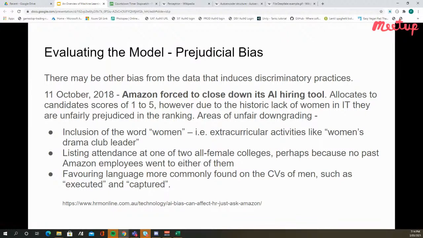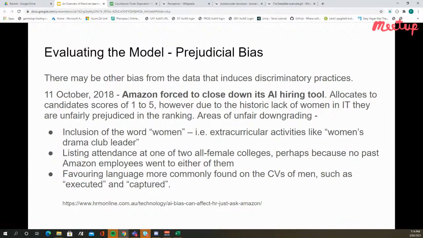Listing attendance at one or two all-female colleges. Now, if you don't have any previous Amazon employees who went to them, then women will be unfairly prejudiced against more mixed universities and colleges, where they have more men working in Amazon who used to be alumni of those places.